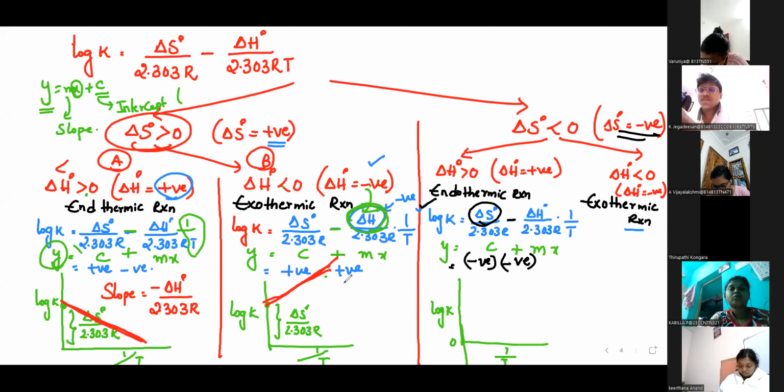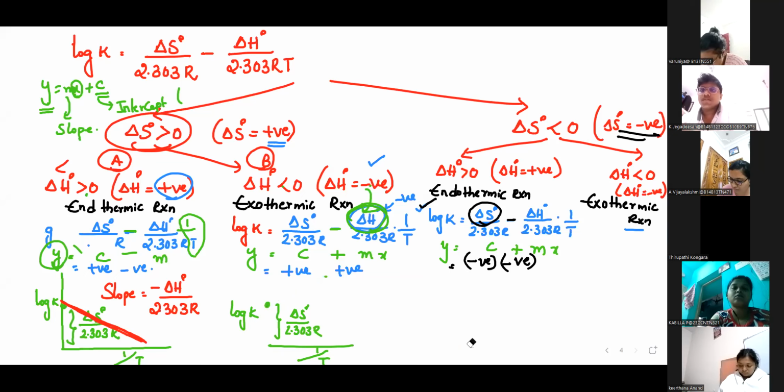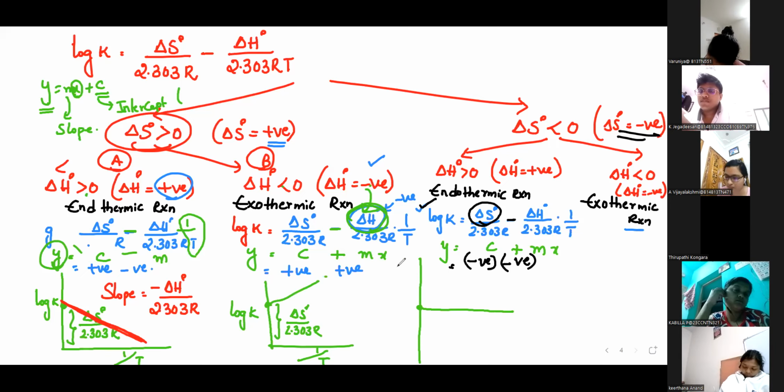So I will draw the graph a little top. Here I have taken the same log K only. This is as usual the 1 by T axis only.